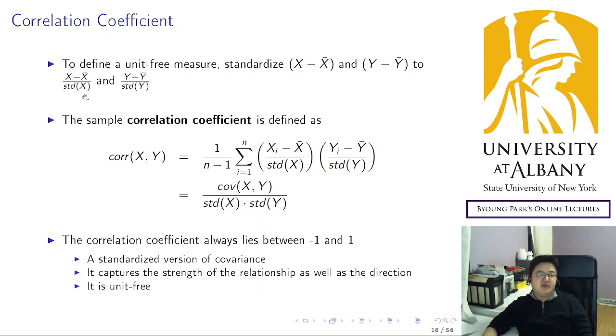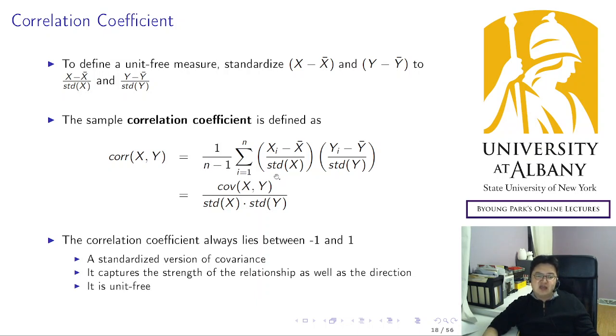So the correlation coefficient is defined as, remember, we used x deviation, y deviation for the covariance when we calculated the covariance. But now we use standardized deviation, not just deviation. Use standardized deviation and do the same thing. Take the average with denominator n-1.